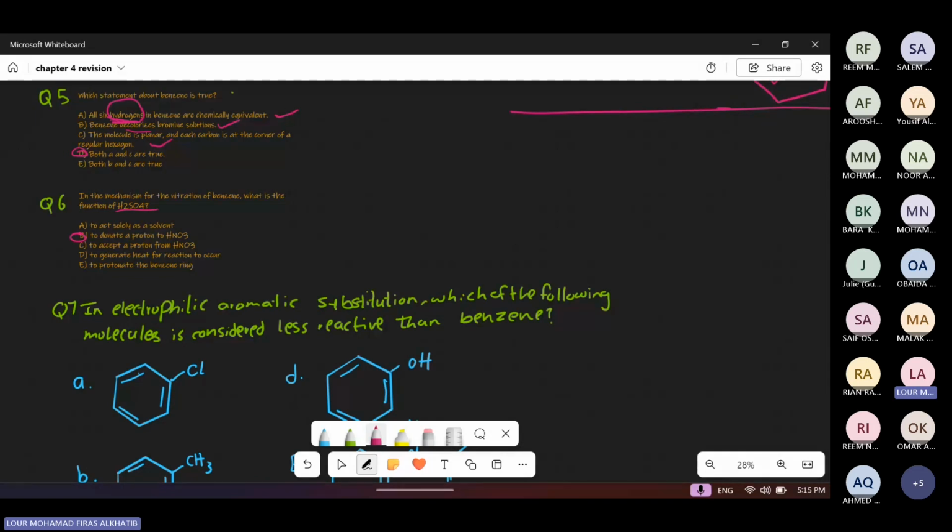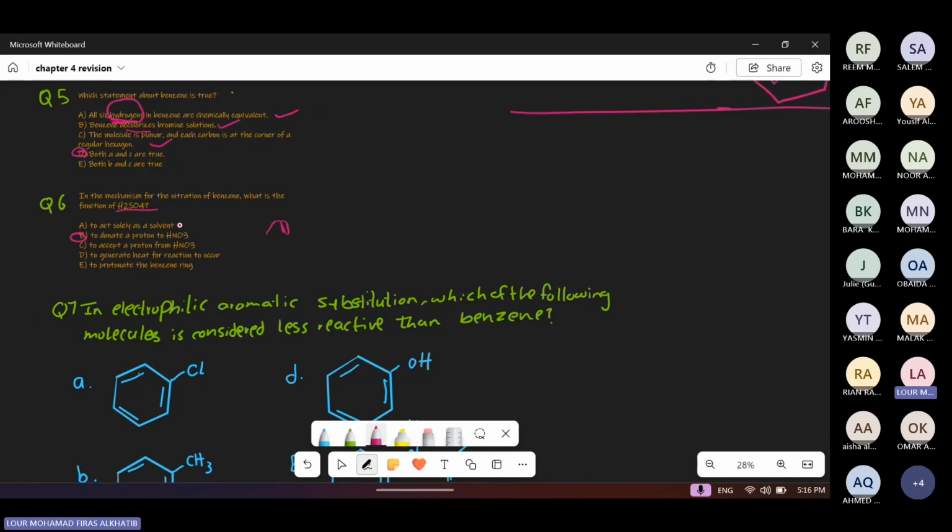What does it act as? Acid. Exactly. So here it donates a proton. And all the catalysts in any of these reactions are basically donating protons, right? In all these electrophilic reactions.